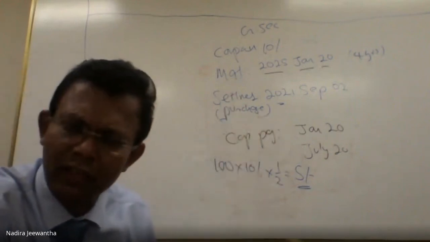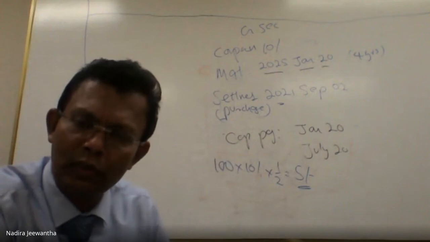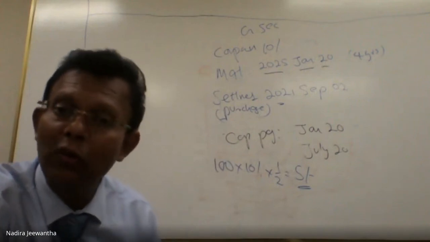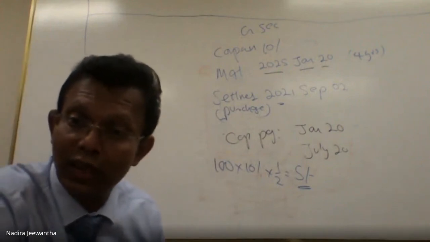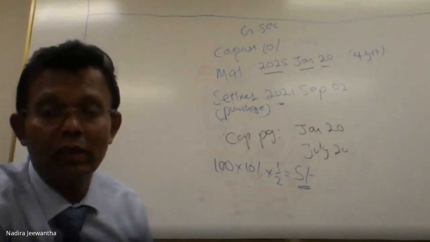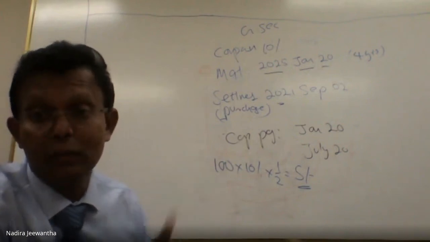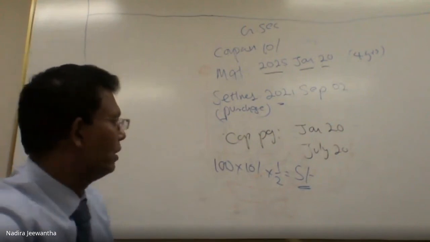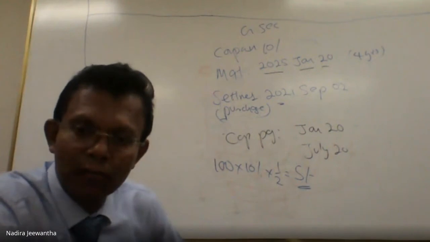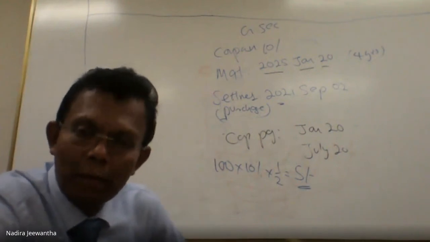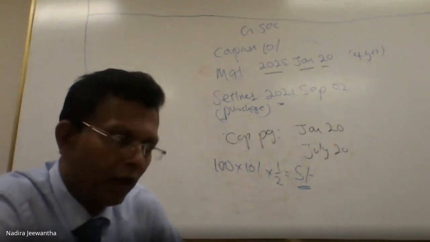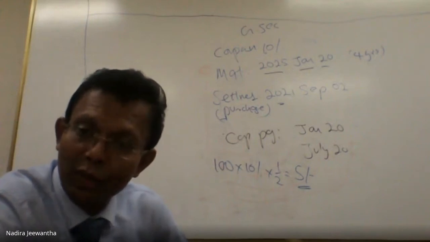What's the speciality of 2022 January 20? I should receive a coupon interest, the semi-annual coupon interest. Why should I receive it? I purchased this particular bond last September. Today is January 20th, 2022, right? So I'm viewing my account to see whether the central bank has credited 5 rupees.